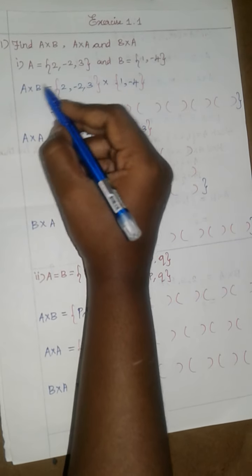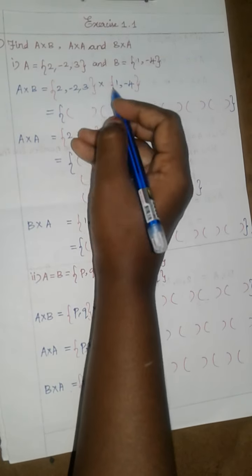A cross B is equal to A set elements into B set elements. Here finding its cross product. The cross product is the set of all possible ordered pairs.